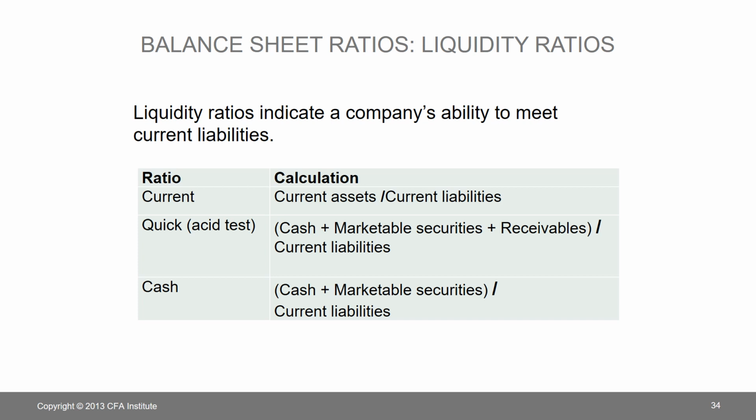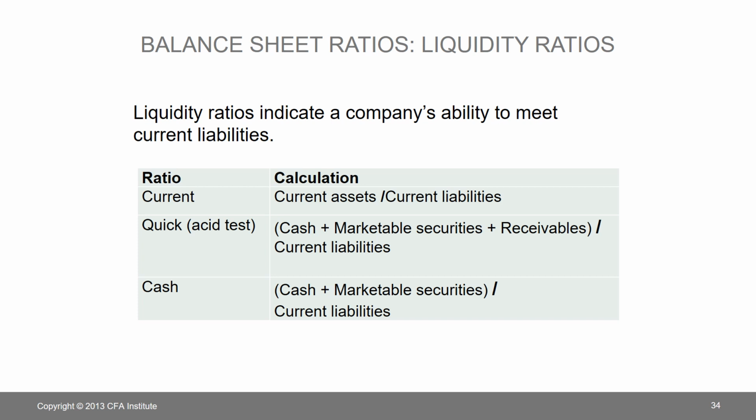The current ratio expresses current assets in relation to current liabilities. It quantifies how many dollars, or whatever reporting currency, of current assets the company has to pay each dollar of current liabilities. A higher ratio indicates a higher level of liquidity, i.e. a greater ability to meet short-term obligations.